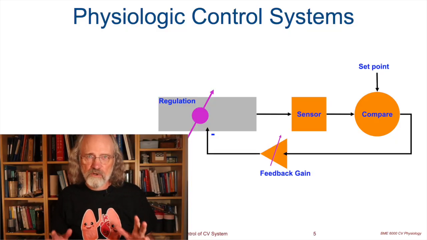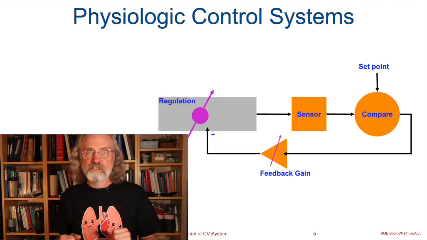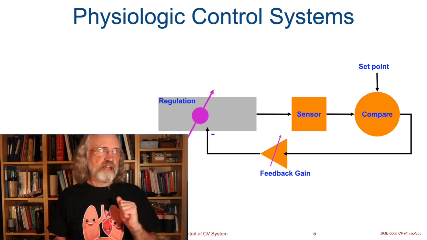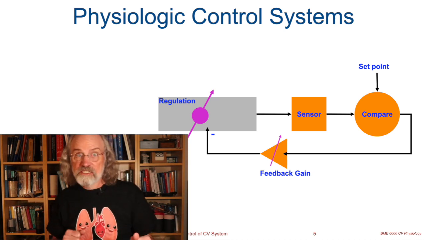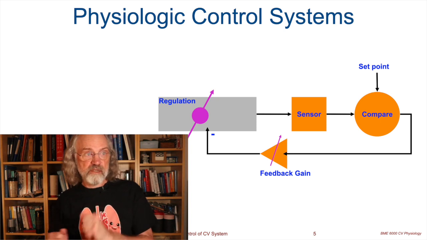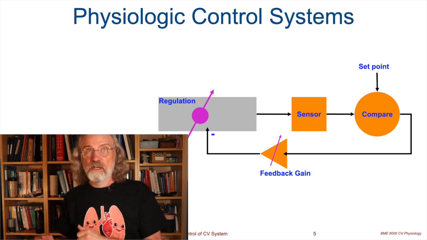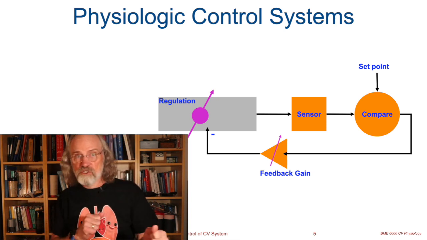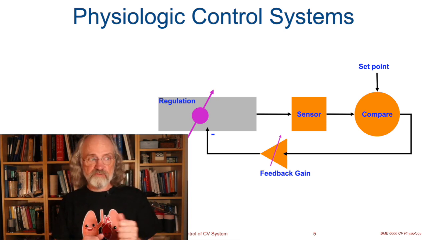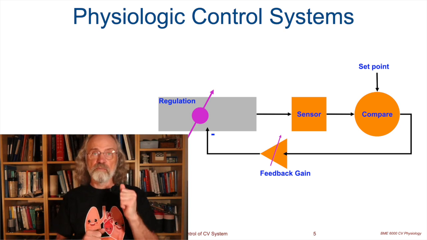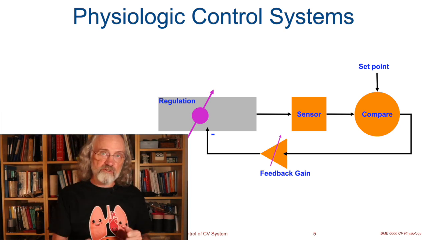We didn't get into equations for this, but you can picture the equations that would be behind it. We have a control system, and control systems do things like compare. So that's a compare operation. They have a negative feedback system, which means that some value is being amplified and inverted, and that inversion or amplification happens as a function of the difference between some set point value and the actual measured value.